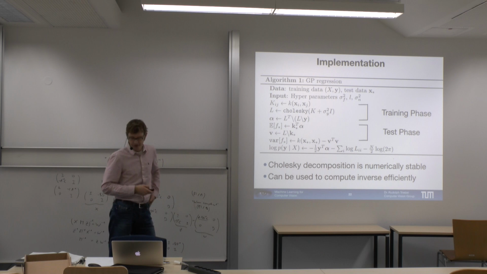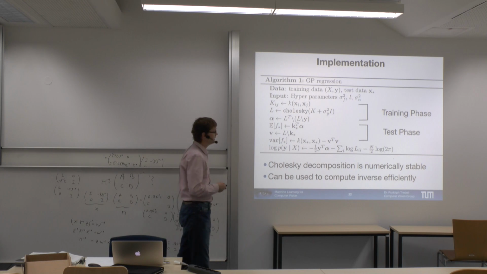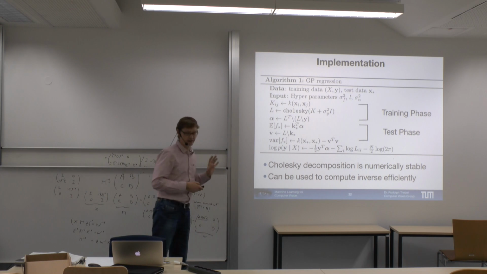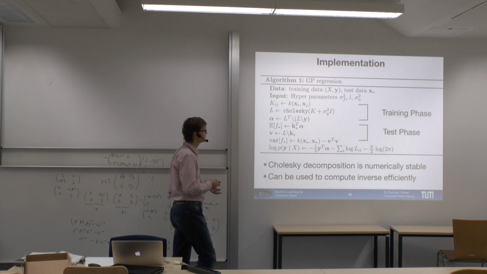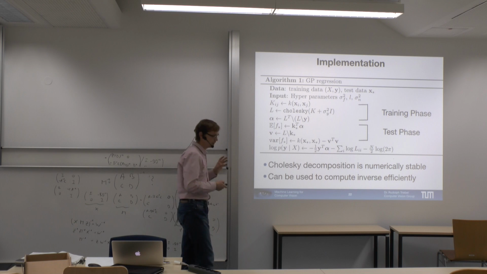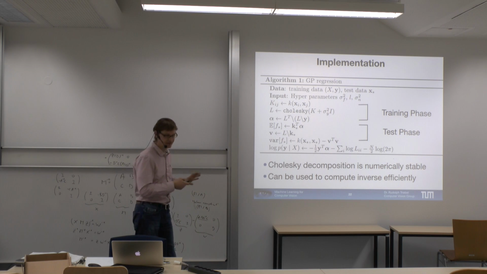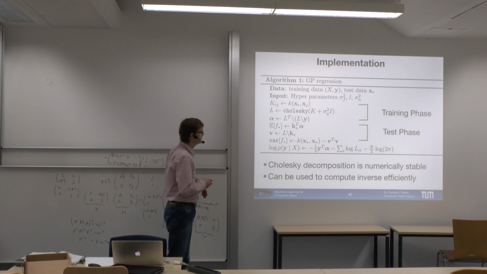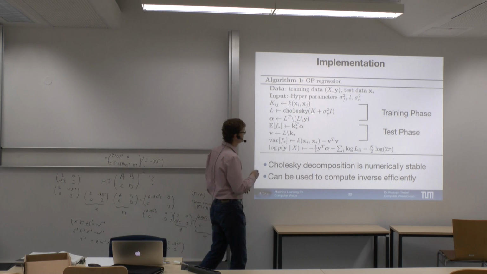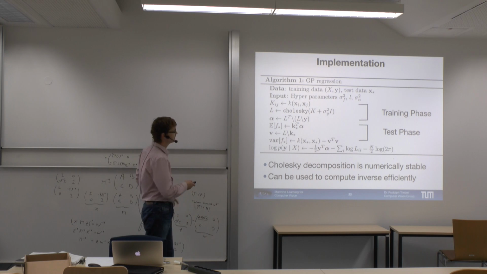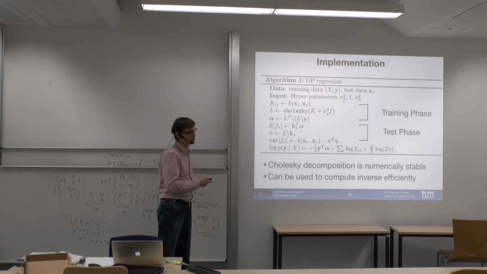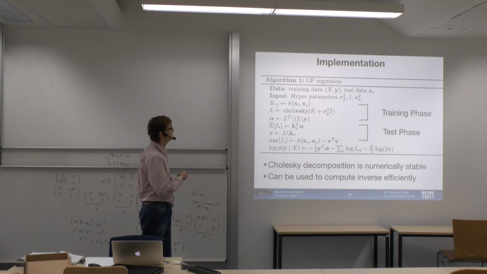Okay, this just shows you one slide about how to implement all that. There's more to say about this, but I'm not doing this in more detail. The reason why I'm showing this is to show you that it's actually very simple to implement. There's a little trick here, which is simply that instead of inverting this big K matrix, we use the Cholesky decomposition, right?